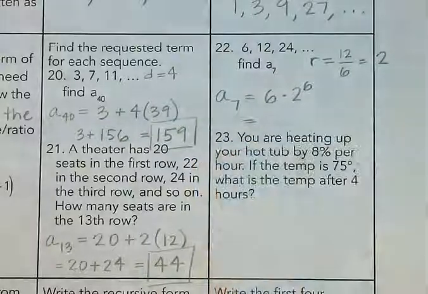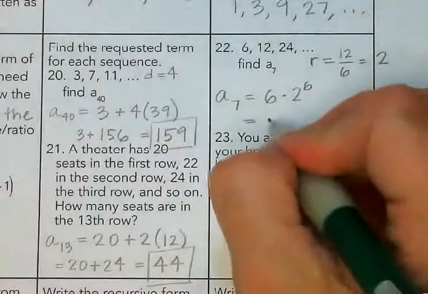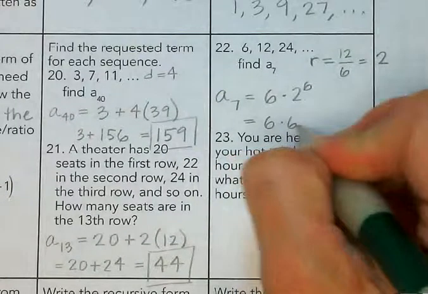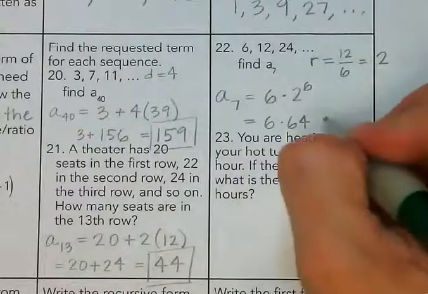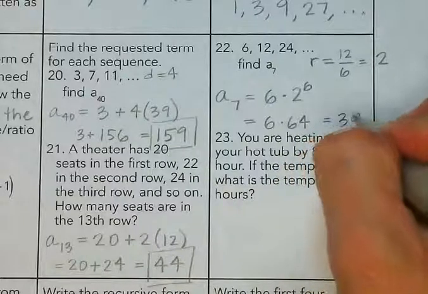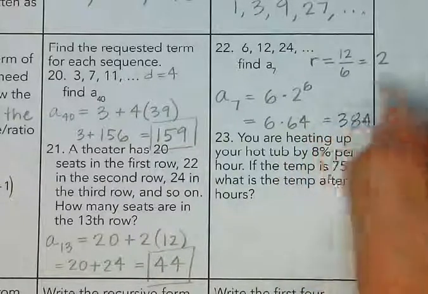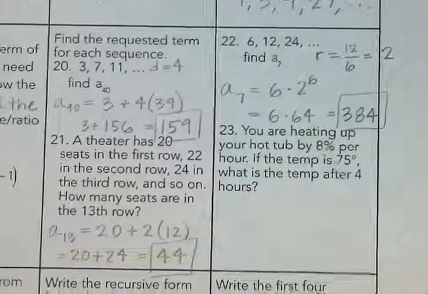So this is where you're probably going to want your calculator. So we need to do 2 to the 6th power, and you might actually already know that, but that one is 64. And then we need to multiply that by 6 to get the final answer. So that would be 36, and so 384 should be the 7th term in that sequence.